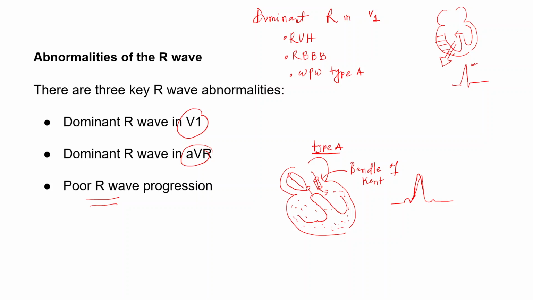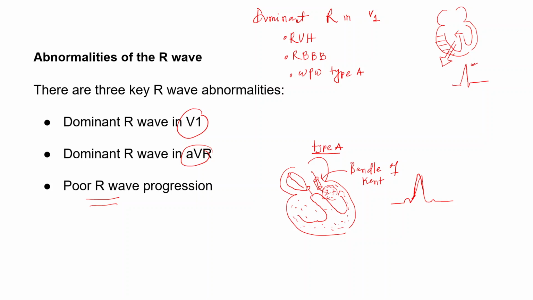So there will be sudden depolarization of some of the ventricular myocytes here, which will produce an initial slurring in the upstroke of the R wave. That is known as the delta wave. And there will be wide QRS because both the ventricles are getting activated through the myocytes and not through the Purkinje fibers. So these are the 3 points related to WPW.